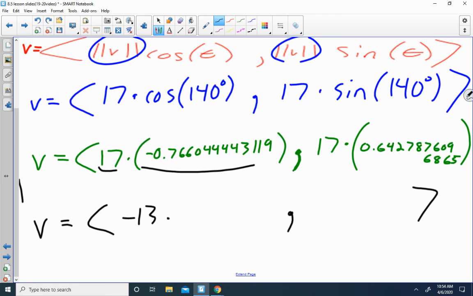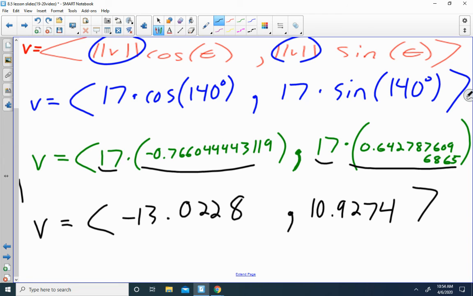You'll get negative 13.0228 when you round. Now let's do 17 times this disgusting number. Take that huge number times 17, and you should get 10.9274 when you round to 4 decimal places. And that would be your component vector.